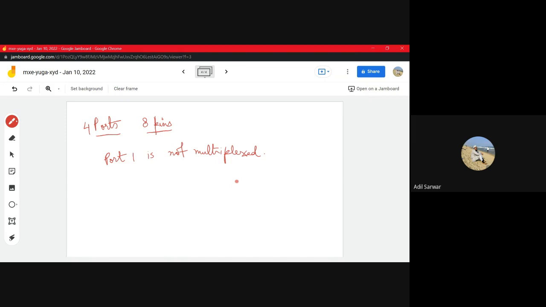Now, one important thing about these ports is that they all are bit addressable. What is meant by bit addressing?